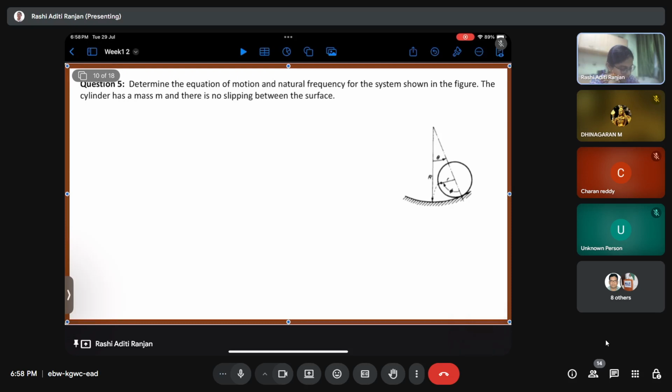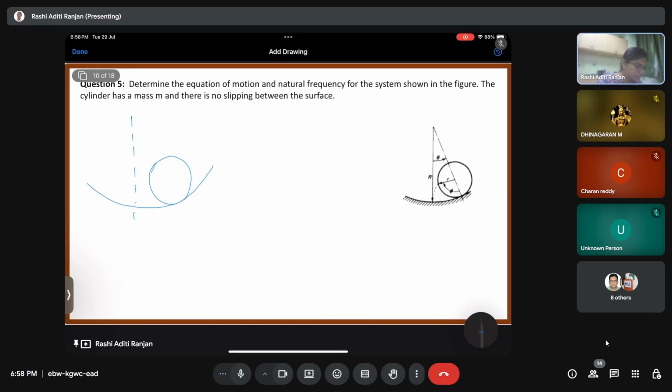So we have a system like this. This is fixed.